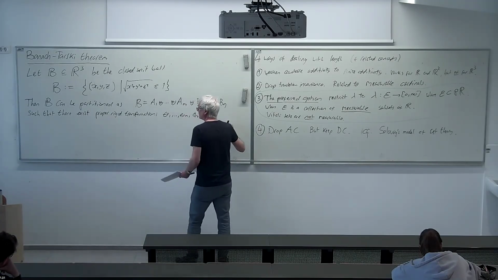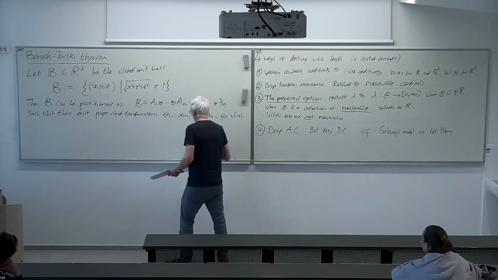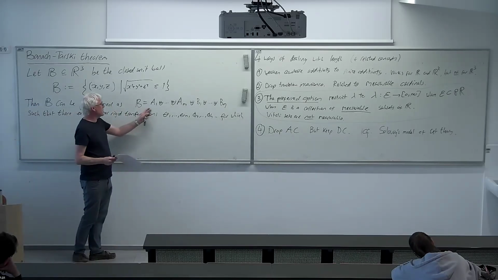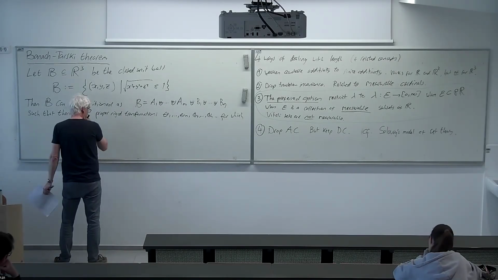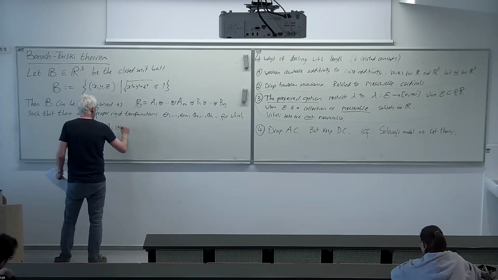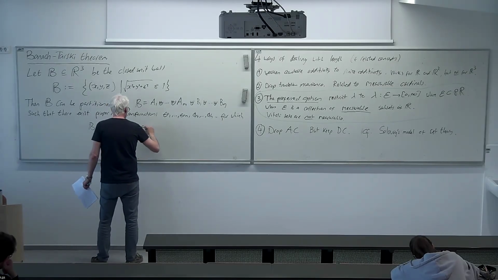We'll say for which, when we rigidly transform the A pieces, they remain disjoint. So moving them around, but keeping them separate from each other. And we get the whole of the unit sphere back from, so sorry, this is theta 1, A1.